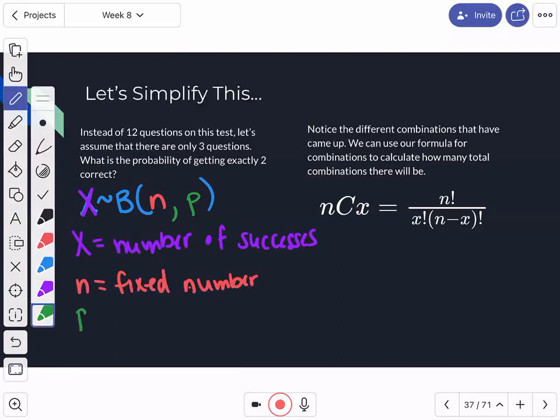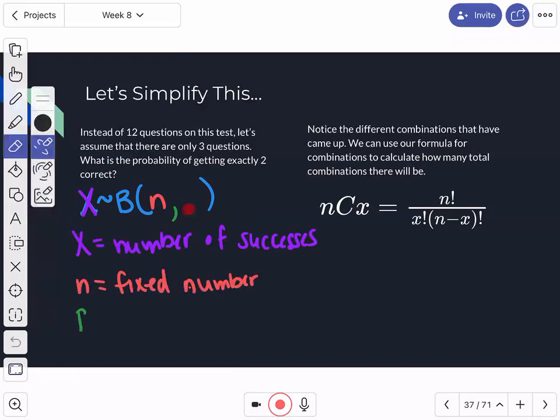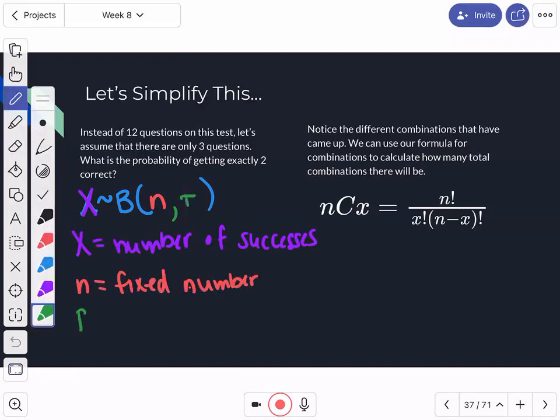And pi is the probability of success. And then 1 minus pi equals the probability of failure.